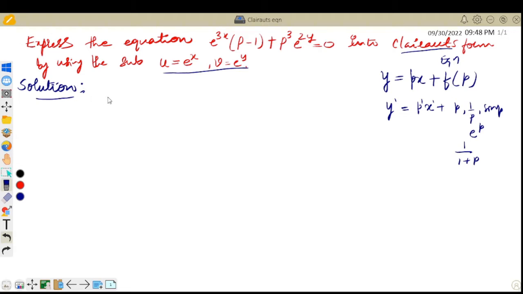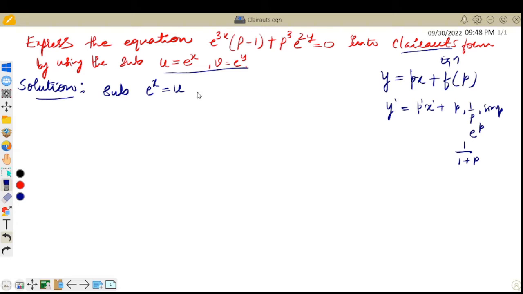Students, our main motto is you need to express the function of x in terms of u and the function of y in terms of v. In that manner we are going to express. So what do we need to substitute here? I am writing the substitution in reverse order. Substitute e raised to x equal to u.